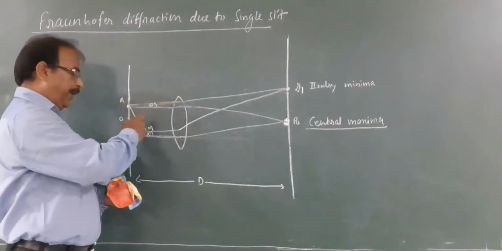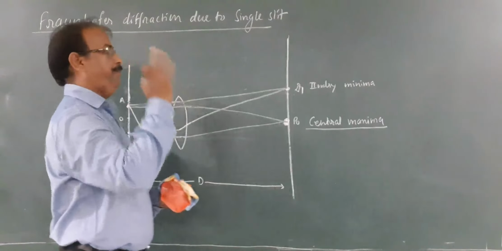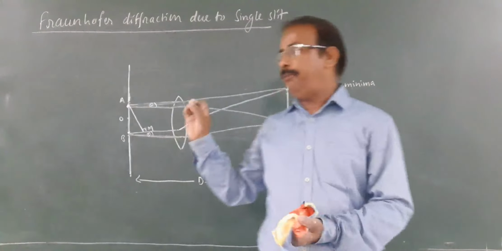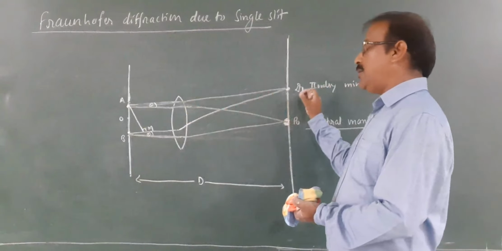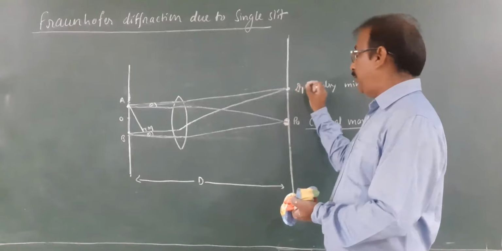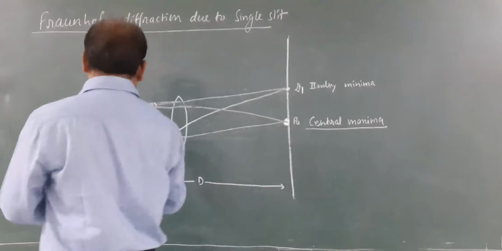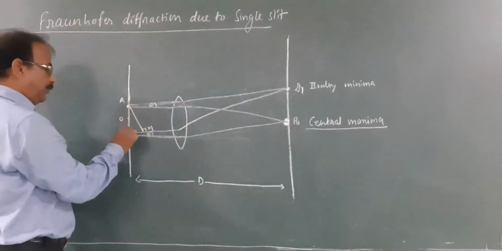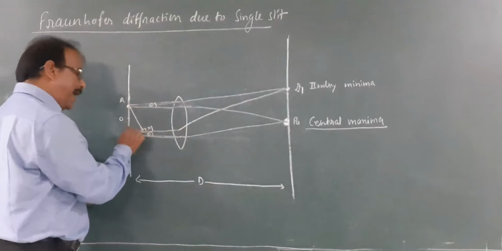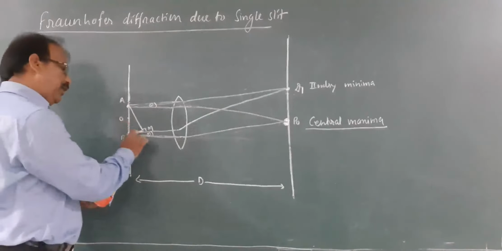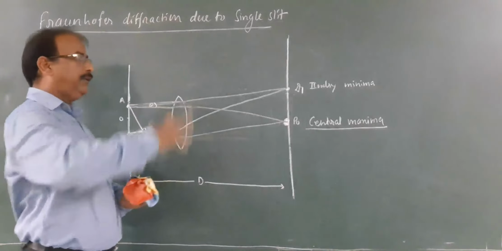From point A and from point M, the wave will cover the same path. The wave that reaches at D1 will cover the same path. Only the path difference shown by the wave that comes from these 2 points is equal to how much? This BM. This BM will be the path difference between the 2 waves which reach at D1.